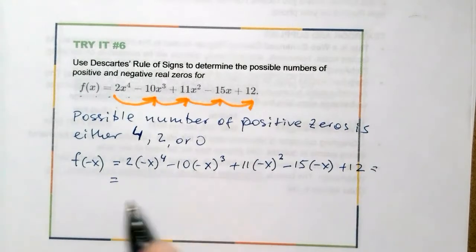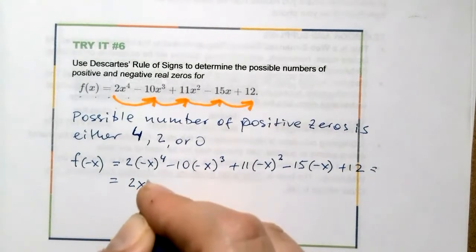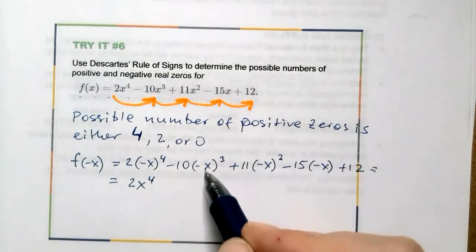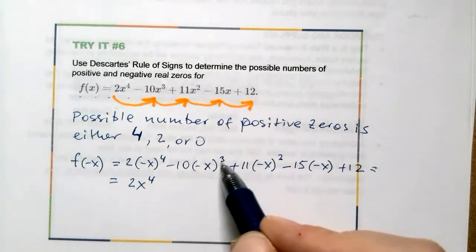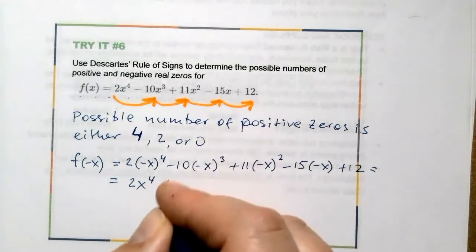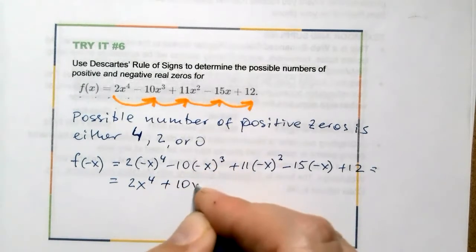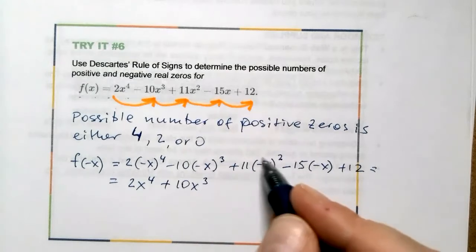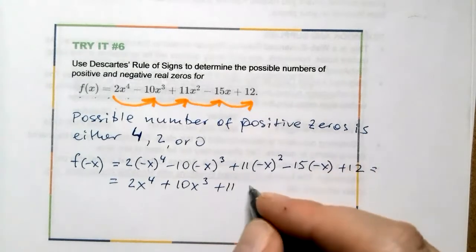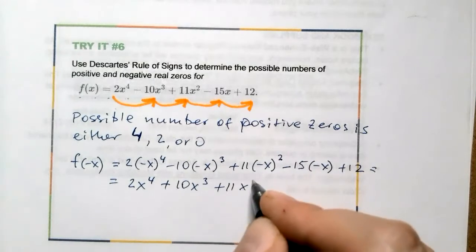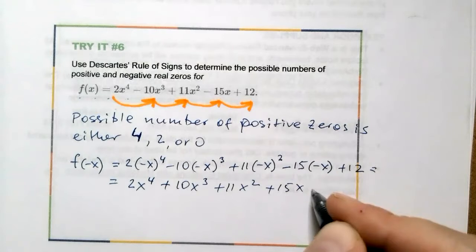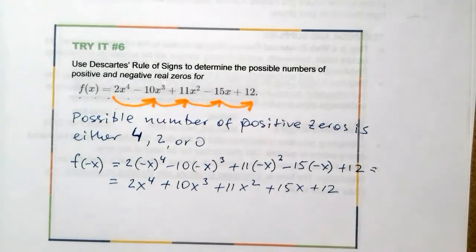Negative x to the fourth is just x to the fourth, so it still is 2x to the fourth. Now negative x to the third is actually negative x cubed multiplied by negative 10. That's plus 10x cubed. Now here negative x squared is just x squared, plus 11x squared, and here we have plus 15x plus 12.